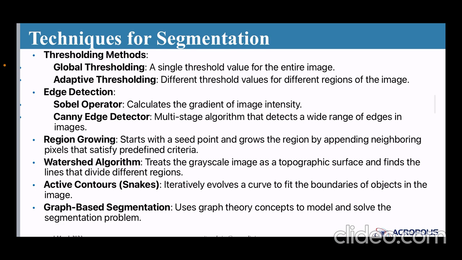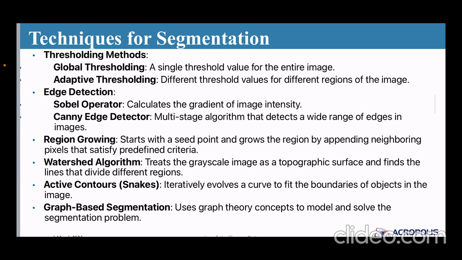starts with a seed point and grows the region by appending neighboring pixels that satisfy predefined criteria. Watershed algorithm treats the grayscale image as a topographic surface and finds the lines that divide different regions.